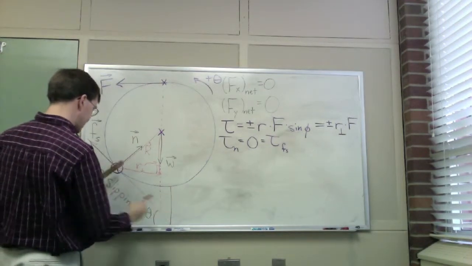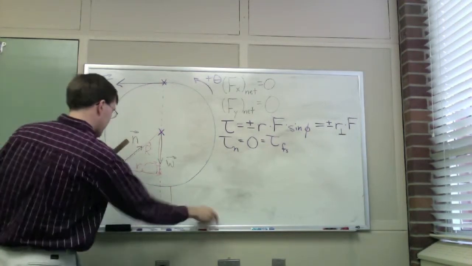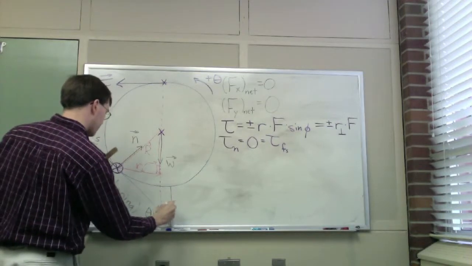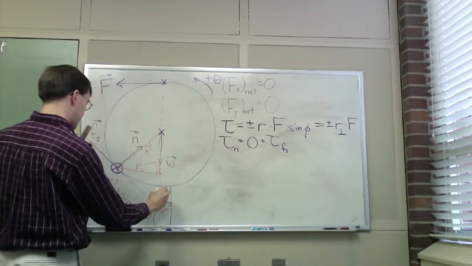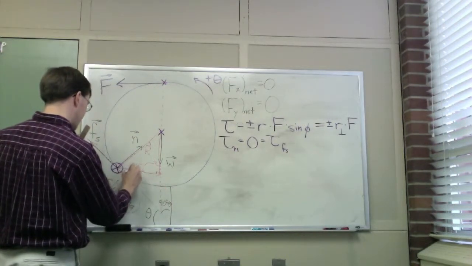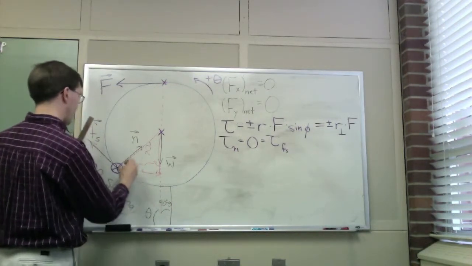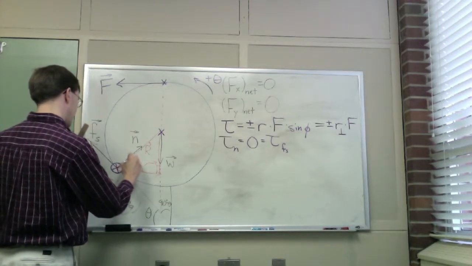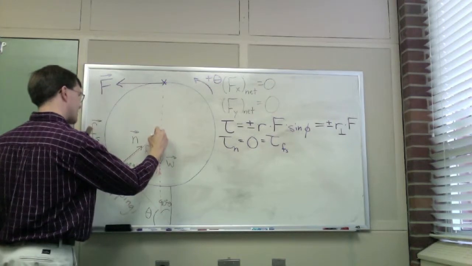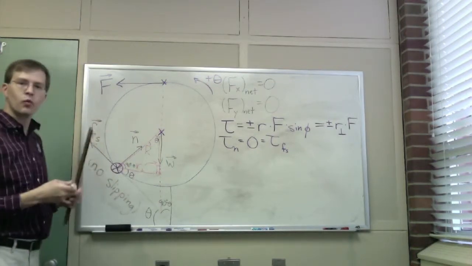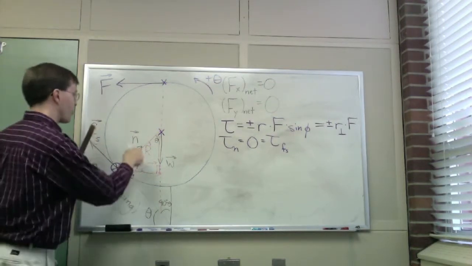Well, let's see. That's theta. So if theta is the angle from horizontal there, then this must be 90 degrees minus theta. And so that means that this angle here is theta again. So this will be 90 degrees minus theta, and this up here is going to be theta. I'm just trying to work out where I can put an angle theta into this triangle.